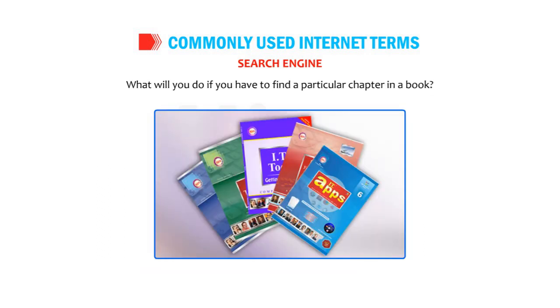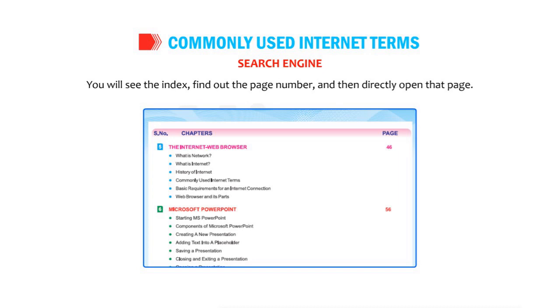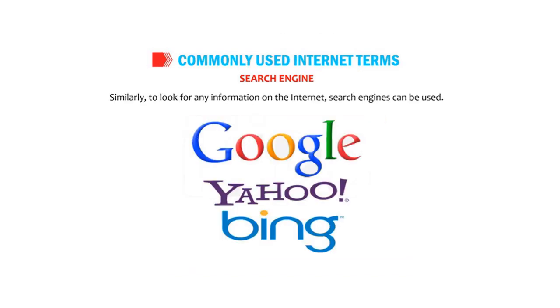Now let's understand what is search engine. What will you do if you have to find a particular chapter in a book? You will look in the index, find out the page number, and then directly open that page. Similarly, to look for any information on the internet, search engines can be used.